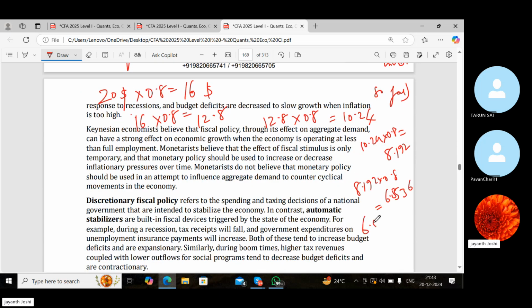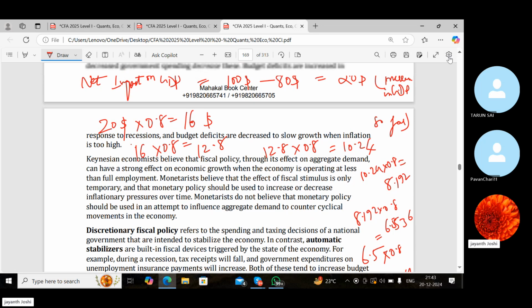Again, 5.24. Like that, you will be getting some figures continuously. Understood? So it will keep going on. Fine. So just add up all the figures.